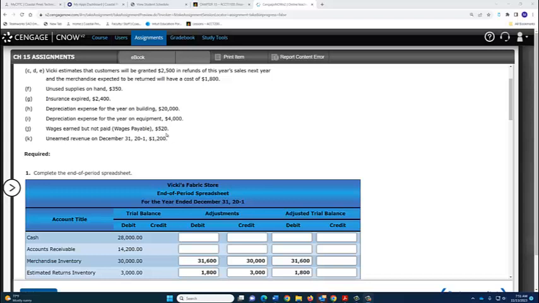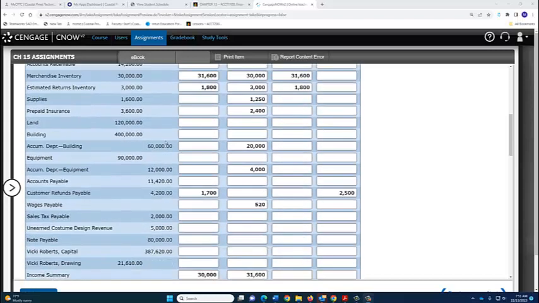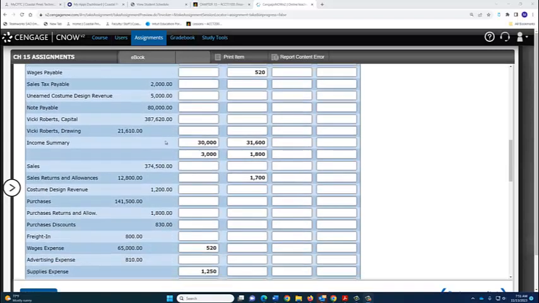So we need to bring down the unearned revenue to $1,200. There we go. And we're going to do that with a debit of $3,800. And now we're going to credit the revenue account costume design revenue.